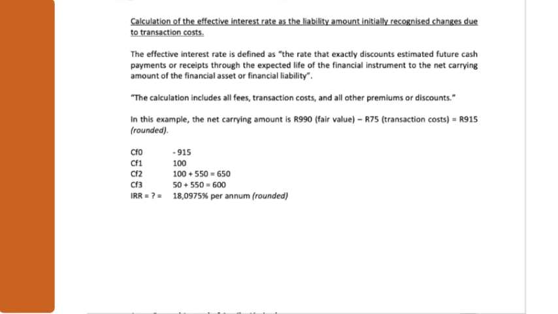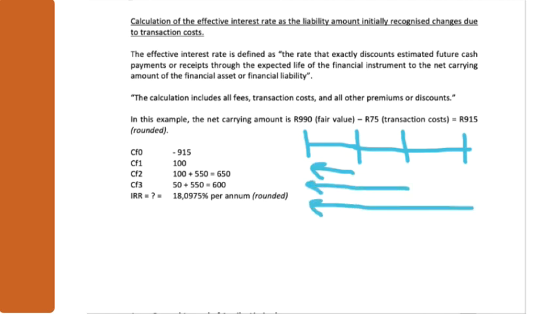Because the transaction costs are taken to the financial instrument, in this case a liability, it changes the day 1 measurement. We just saw that the liability is reduced with the effect of transaction cost. That means your day 1 PV changes. Now, when we calculated that PV, we used a timeline and we took all the future cash flows, discounted them back to day 1 using a market rate.